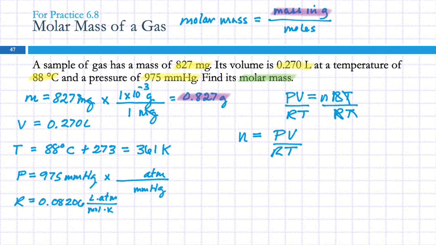I can look this up if I don't remember. 1 atmosphere is 760 millimeters of mercury. And I get 1.28, and I'm going to write down 2 extra digits, and that's my atmospheres.